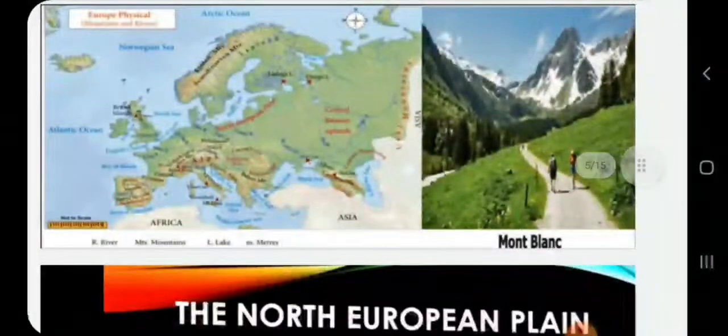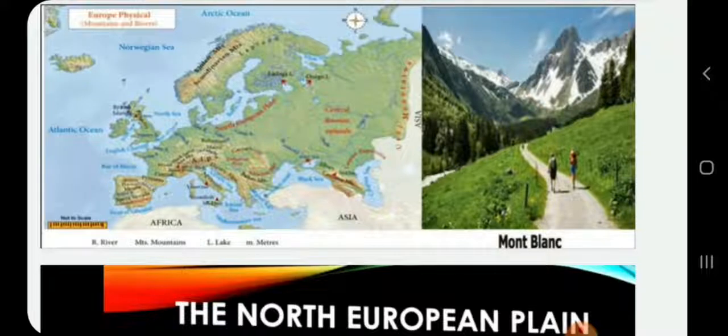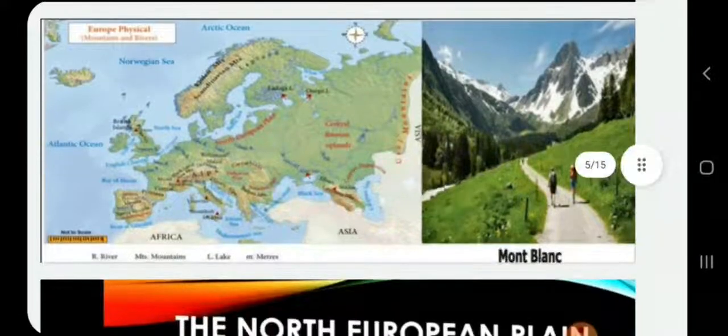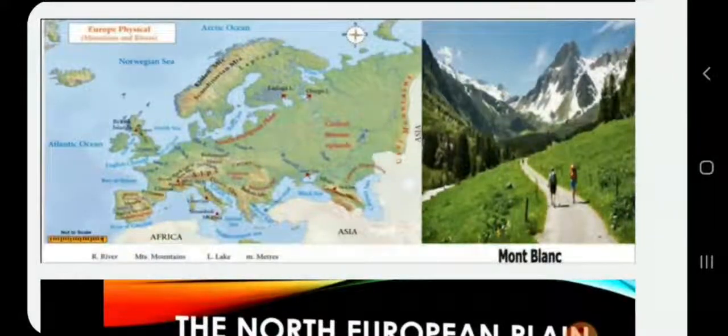There are several active volcanoes found in the Alpine mountain systems. Mount Etna, Mount Vesuvius and Mount Stromboli are the important volcanoes found in Europe. Earthquakes are common in these regions. Stromboli is called the lighthouse of the Mediterranean.